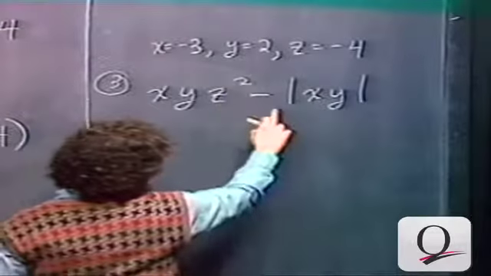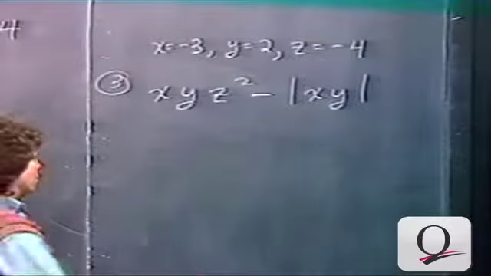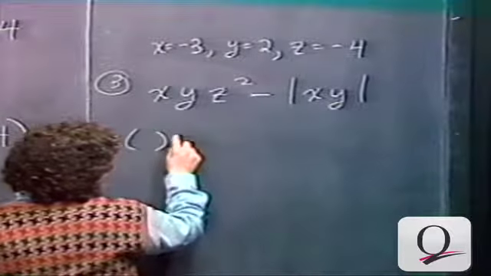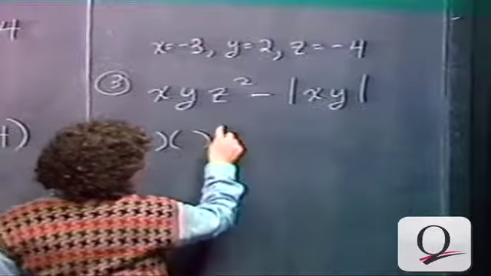What I'm going to do is to go through this and leave space for each of the values that I have to substitute in. xyz squared, take away absolute value of xy. x is minus 3, y is plus 2, z is minus 4.